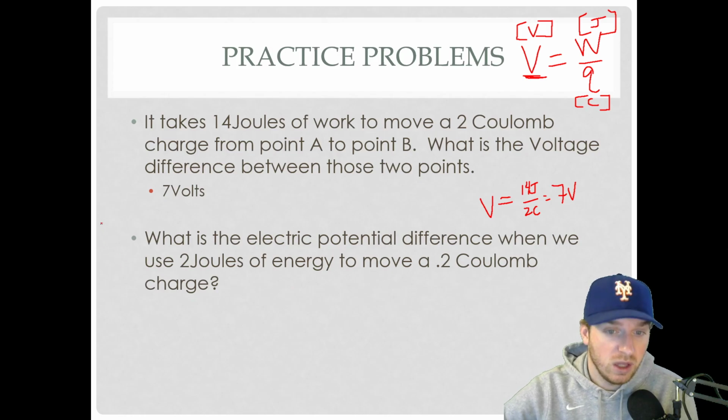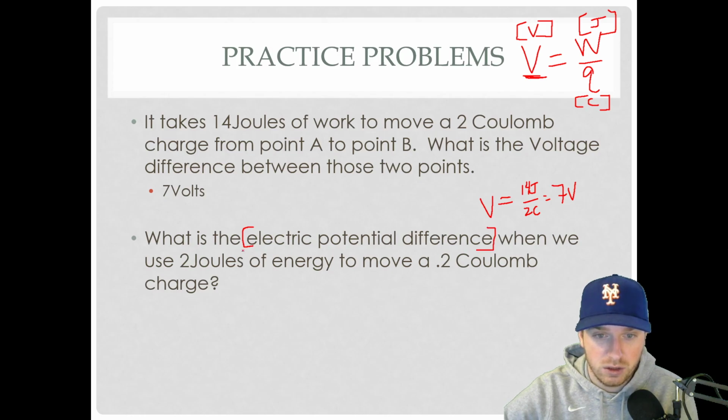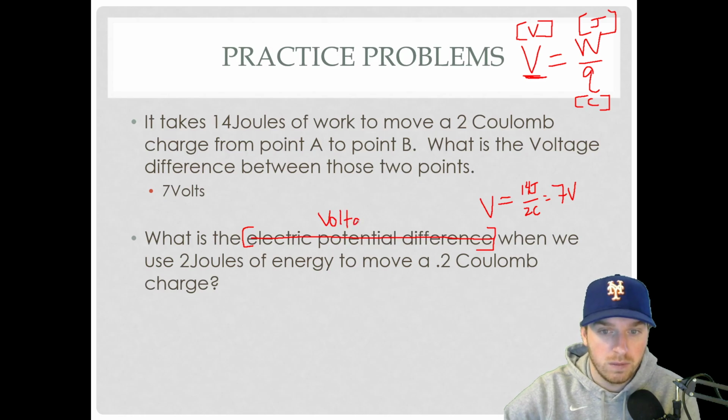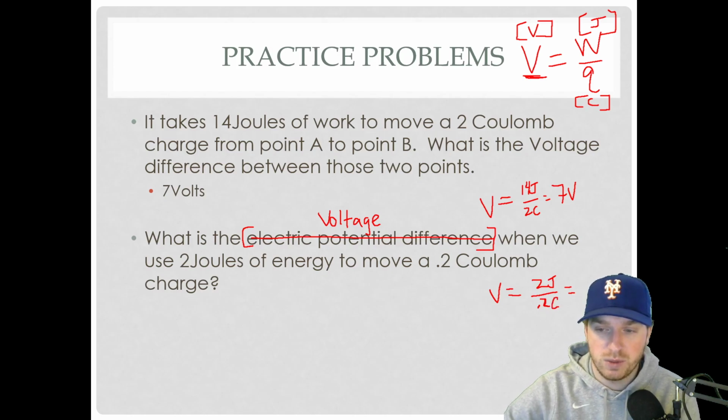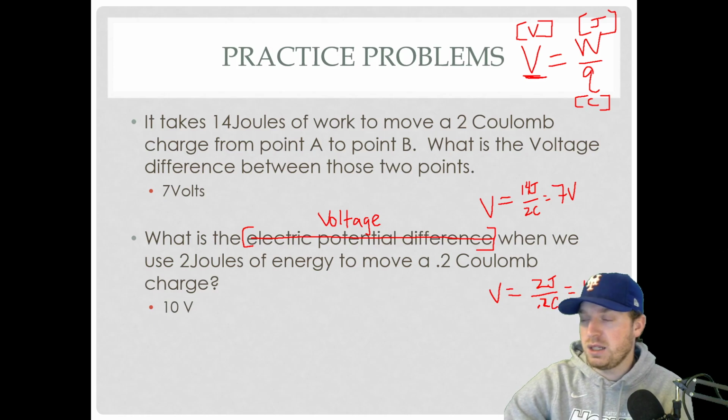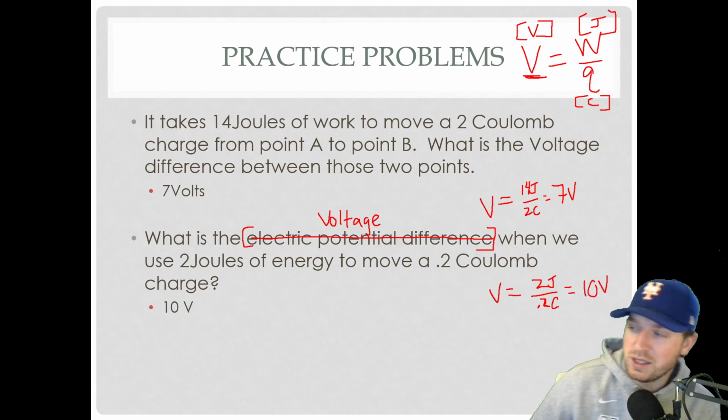Which, mind you, the electrical potential difference we just learned is the same thing as saying voltage, when we use 2 joules of energy to move 0.2 coulombs of charge. So what is the voltage when we use 2 joules of energy to move 0.2 coulombs of charge? Well, 2 joules of energy, 0.2 coulombs of charge, that gives us 10 volts. Bam. Not too shabby.